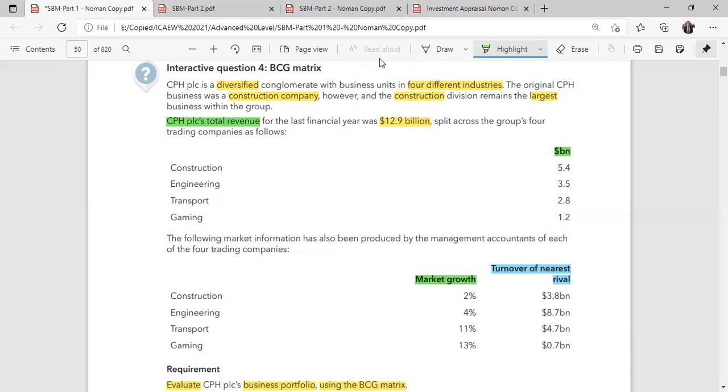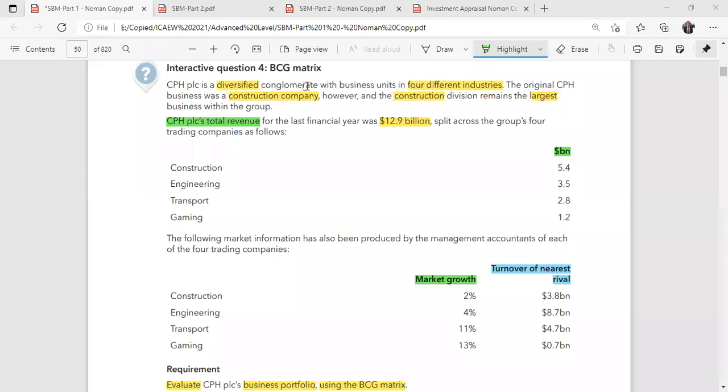There could be one or more of each, or only one star, one cash cow, one dog, and one question mark. Take approximately 5 minutes, because it's a relatively small question, share your views, and then we will share the solution.